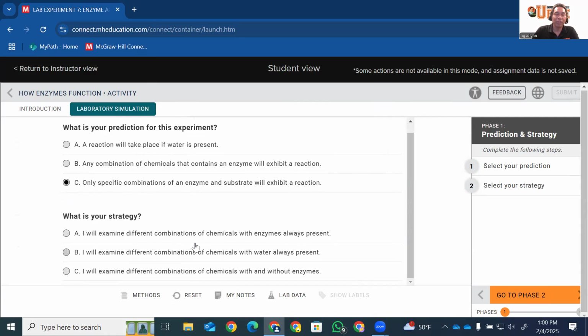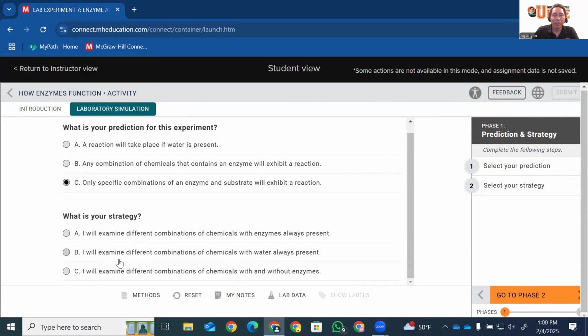Then what is your strategy? What are we going to do with this experiment? How do we test this prediction, or this hypothesis? Let's say I will examine different combinations of chemicals with enzyme always present. No, it's not. You should use the enzyme in one reaction, and maybe no enzyme in another reaction, so you're testing the enzyme activity.